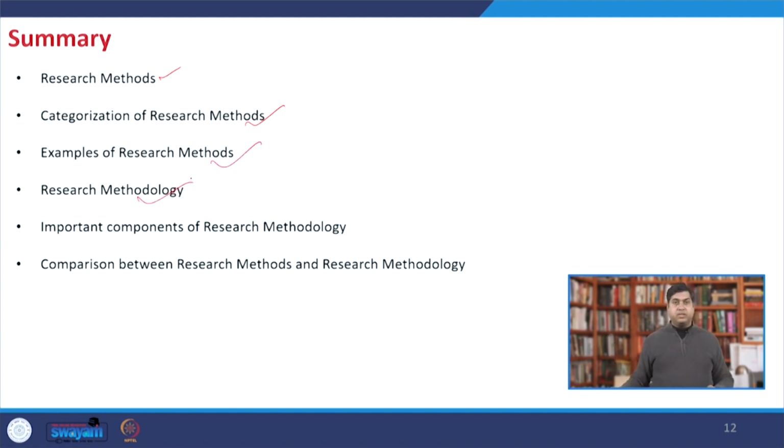Then we discussed research methodology and its important components, and finally the comparison between methods and methodology, where methods are a subset of the methodology, and methodology is the holistic approach to conducting your entire research. Research method is useful to analyze a particular data set and involves different techniques by which you can solve it.